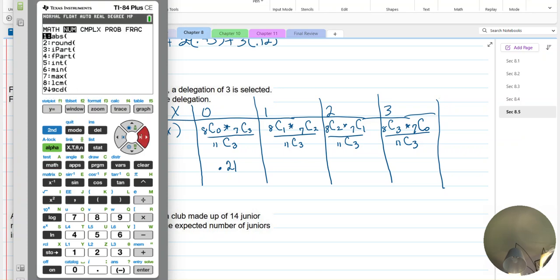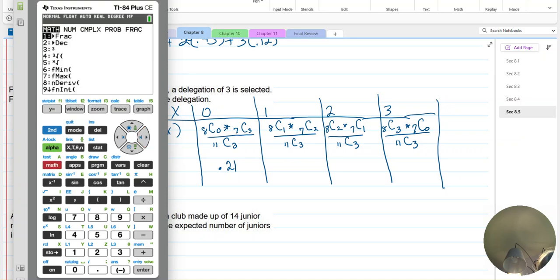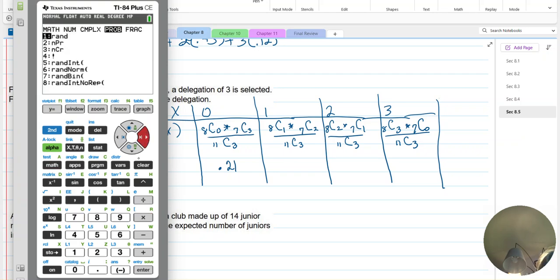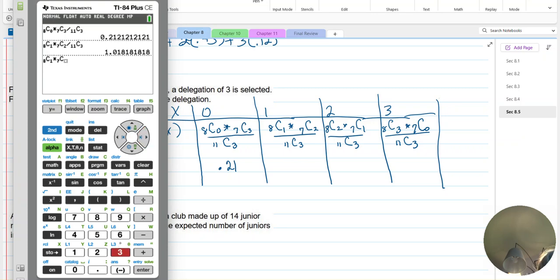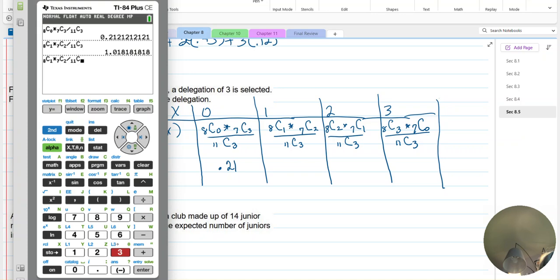8 math, PROB, number 3, choose 1, side arrow, math. Oh, back. So here I go. Times, and then I'm going to have 7 math, PROB, number 3, and now I'm doing 2, side arrow, divided by 11 math, PROB, number 3, 3.